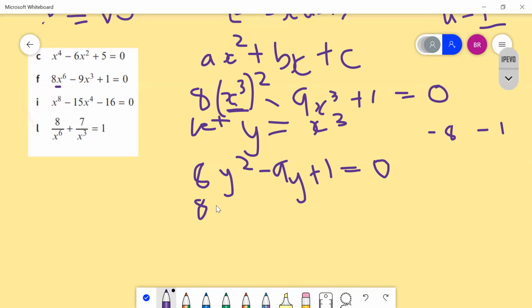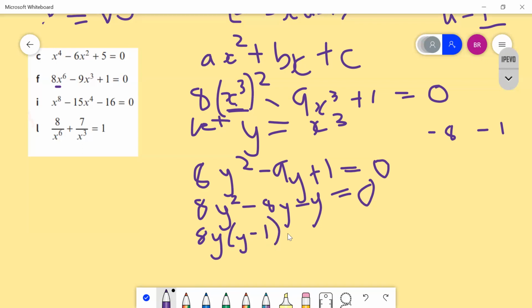So I'm going to write this as 8y squared minus 8y minus y plus 1 equals 0. Now I'm going to factorize. I factor out 8y, which is found here and there, and I'm going to have y minus 1.